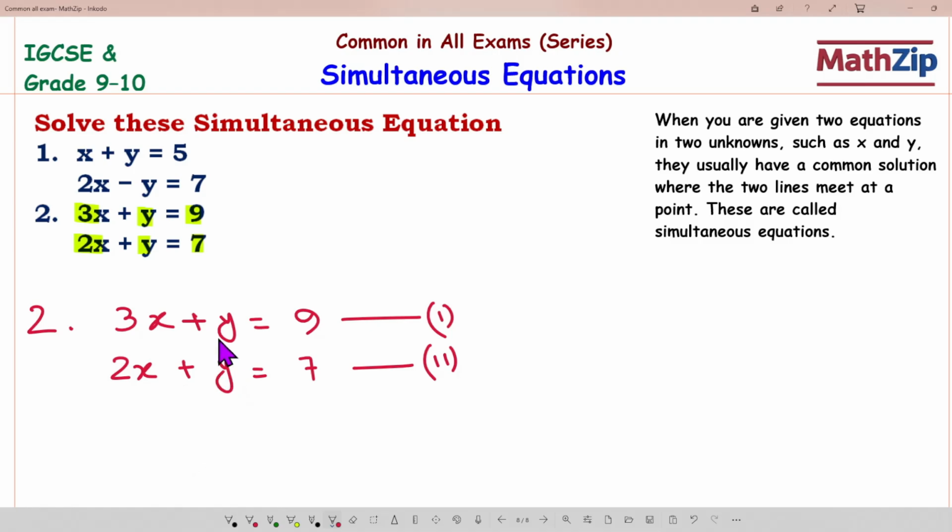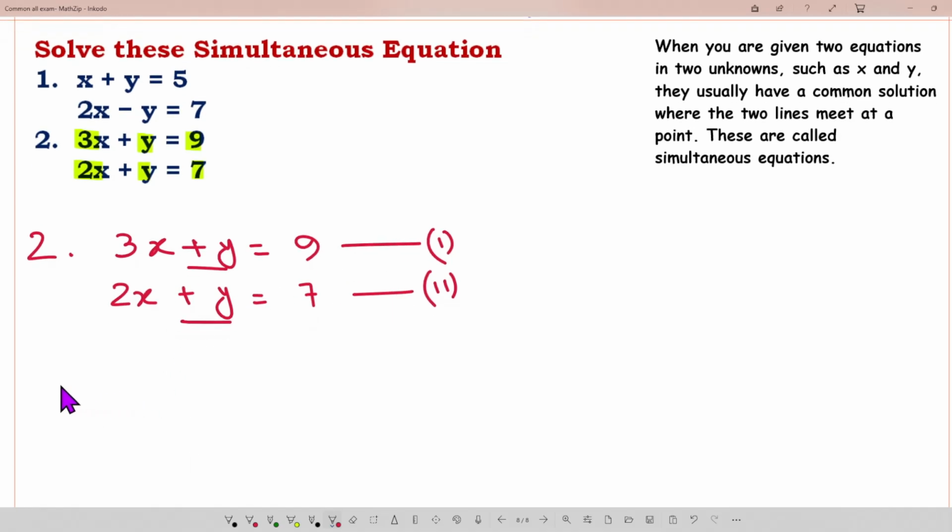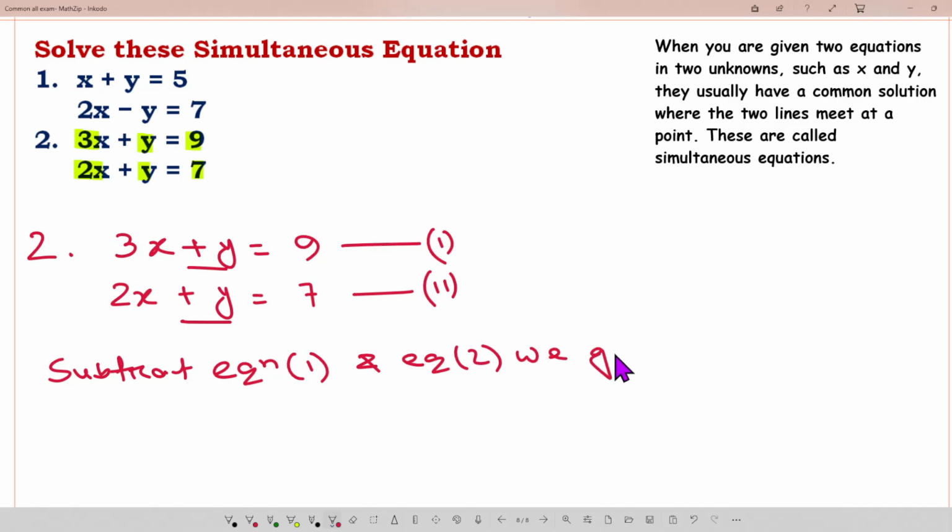Look, here is plus y and here is also plus y in both equations. In this case, if we subtract equation 1 and equation 2, what will we get?